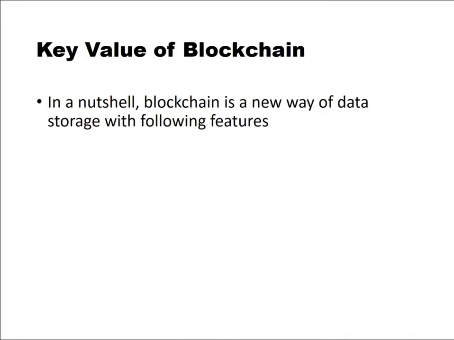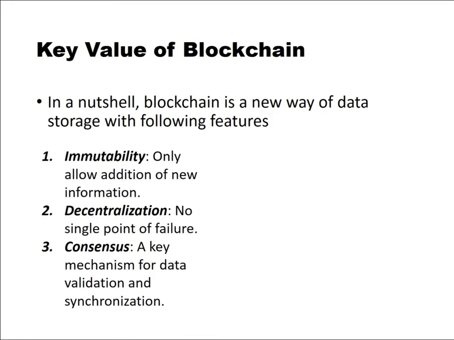So now let's summarize what blockchain is. If you remove all the fancy words and take it to the core, in a nutshell, blockchain simply offers a new way of data storage. And this new way of data storage comes with 3 key features. First, immutability, which means that you can only add new information, but you cannot revise or remove any existing information in the blockchain.